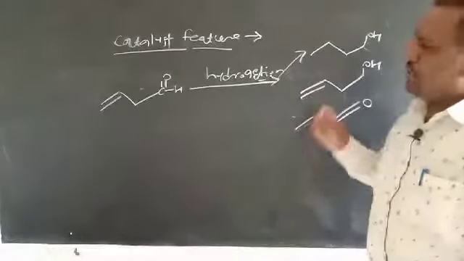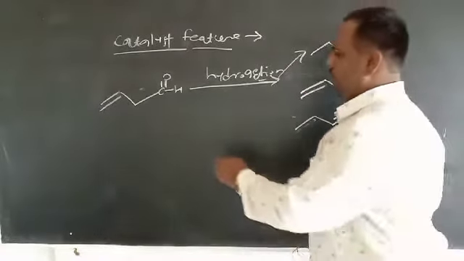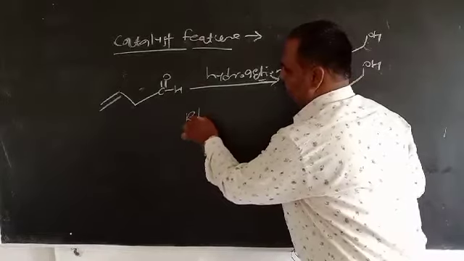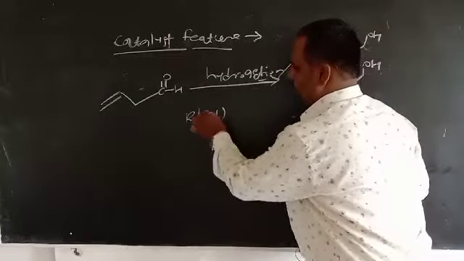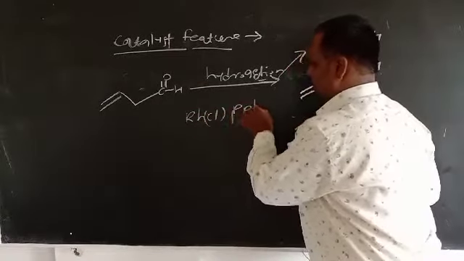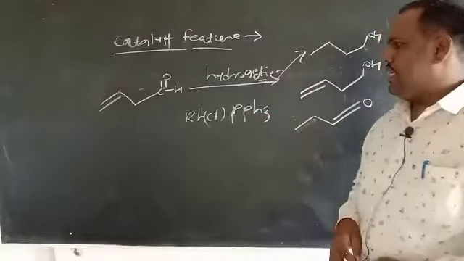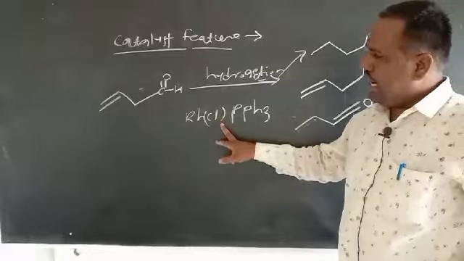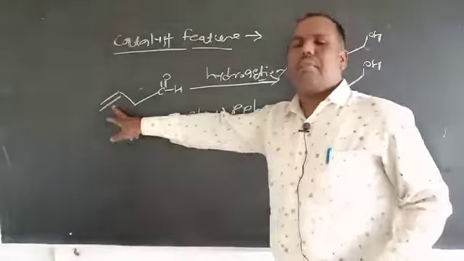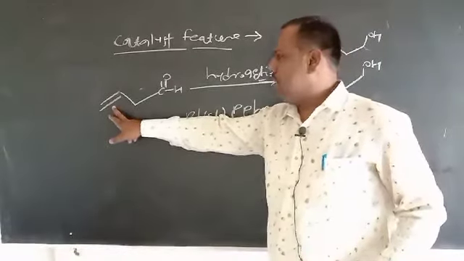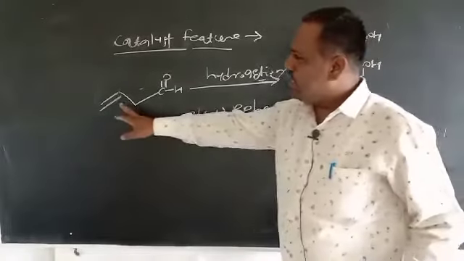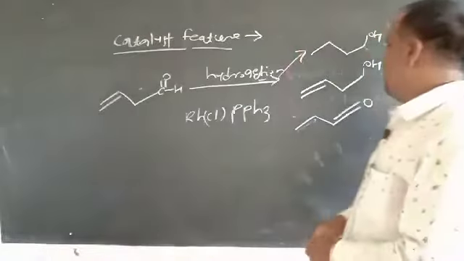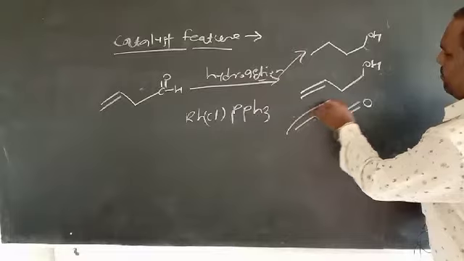So in presence of catalyst, for example, if you use the catalyst rhodium chloride triphenylphosphine, then it will hydrogenate only this carbon-carbon double bond, and we get only this product.